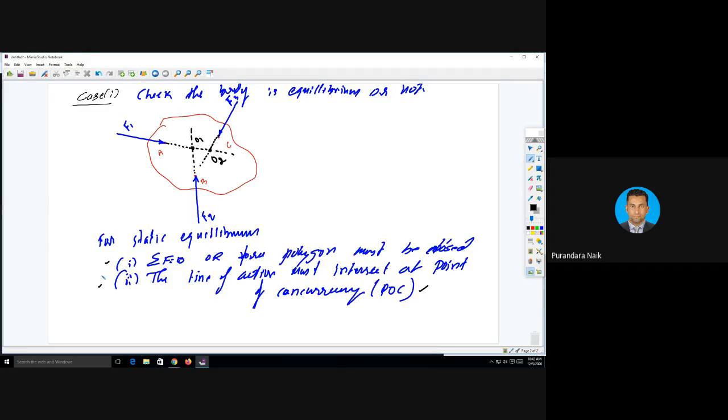So first you check whether it is intersecting at a point of concurrency or not. If it is not, there is no need to go for the first condition. Automatically the first condition will not be satisfied if it is not intersecting at a common point.